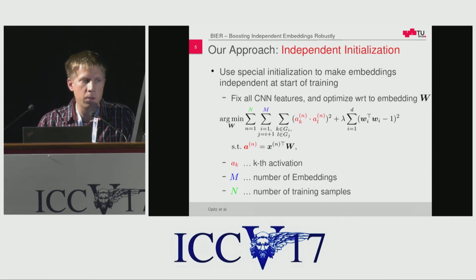And that's bad because any initialization with a zero matrix probably won't give any good results. So we add the second regularization term here, which forces the incoming row vectors of W to have about a unit norm. And we optimize this with fixed CNN features with respect to W, and that's our initialization.